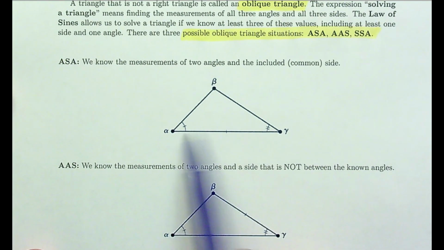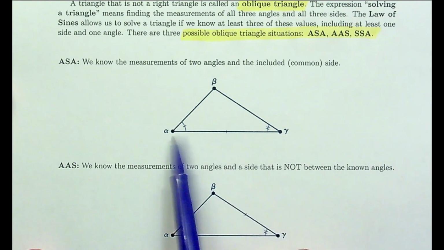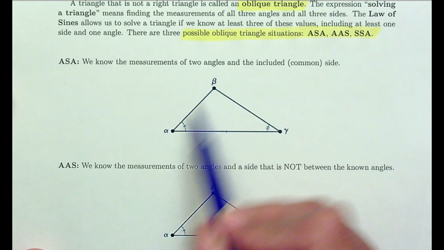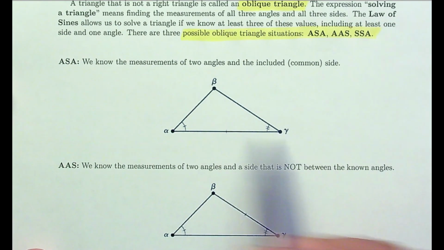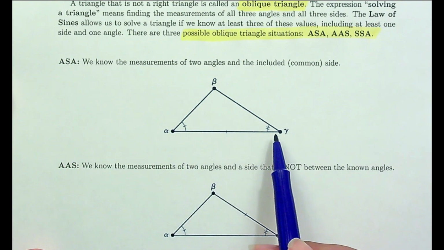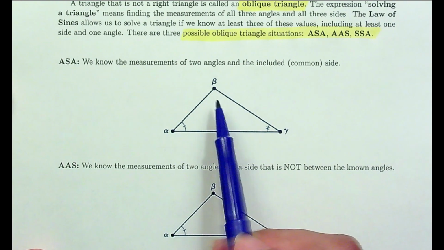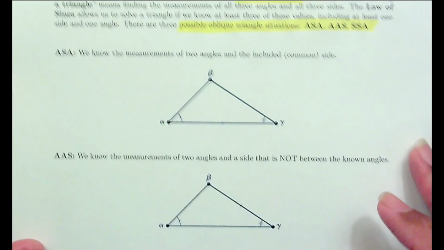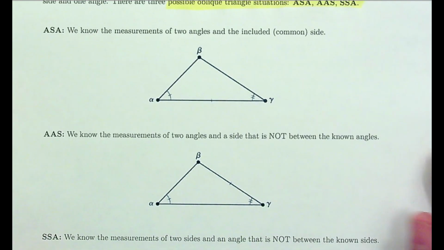So we know these 2 angles and the side that is included, the common side. So you have this angle and that angle, and you see they share this side. ASA means that you know these 2 angles and the side in between them. So this is one of the situations that the law of sines will be able to help with.